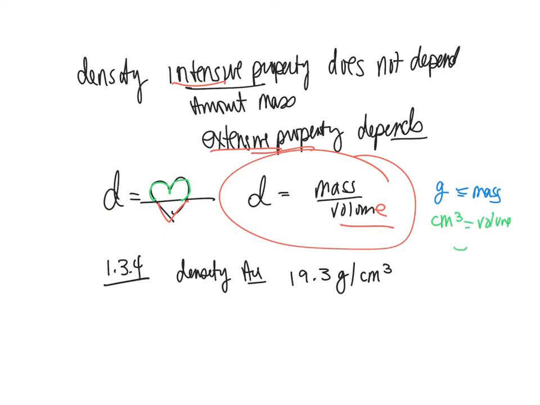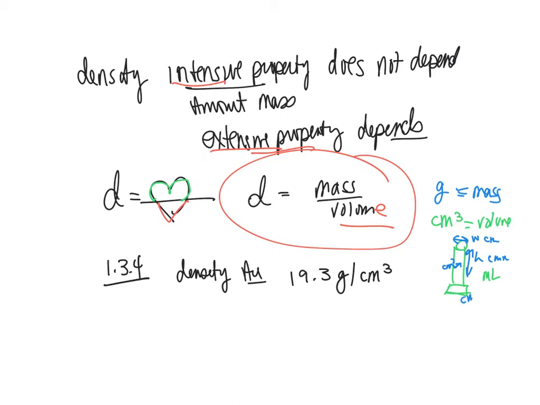So if you measure like a graduated cylinder in milliliters, you could also measure the height in centimeters, the width in centimeters, and the depth in centimeters.